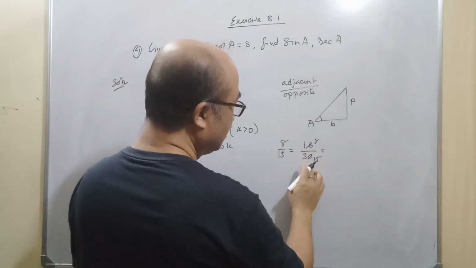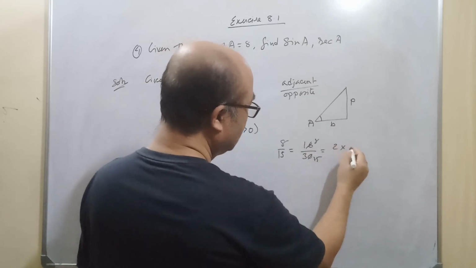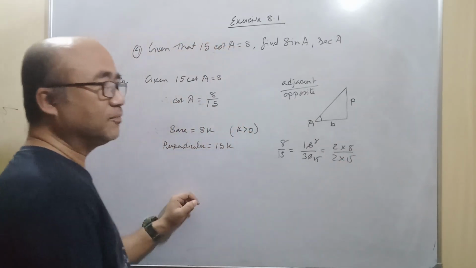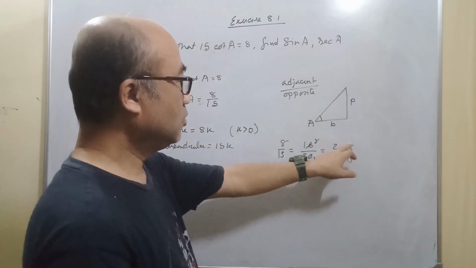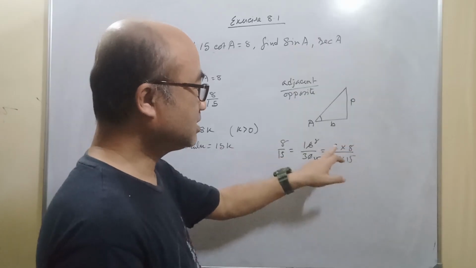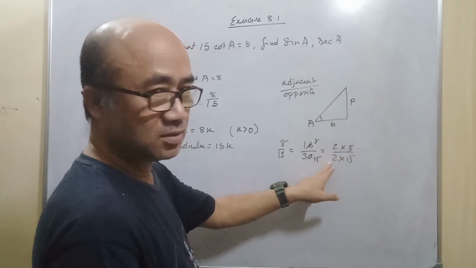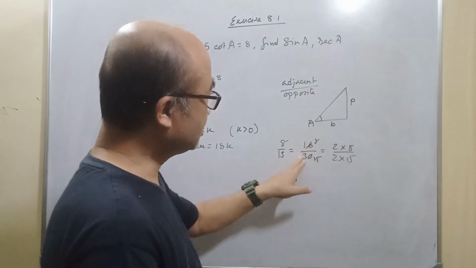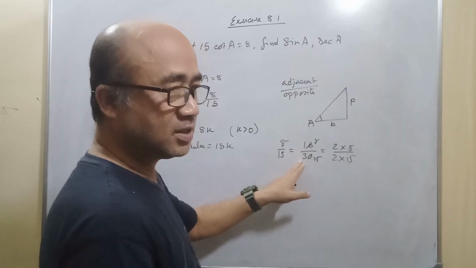So how do you get 16 by 30? 2 into 8, 2 into 15, right? You are multiplying both by the same positive number, so you get the actual size. Suppose these are the actual sizes of base and perpendicular.